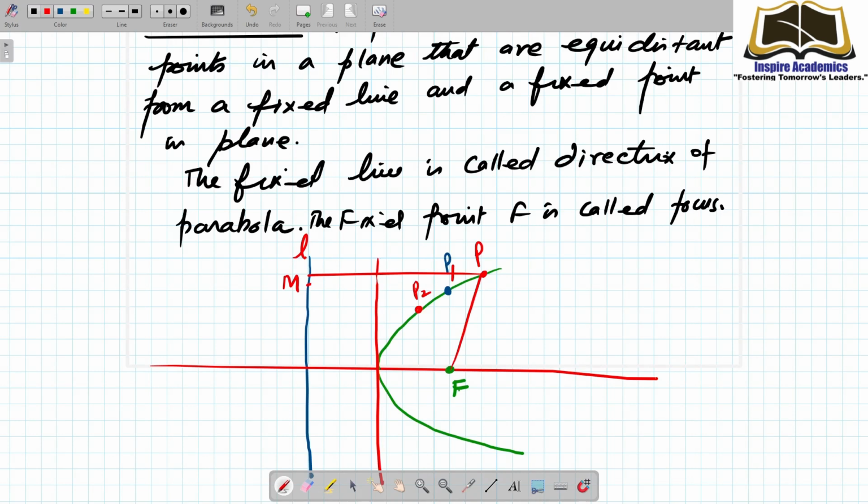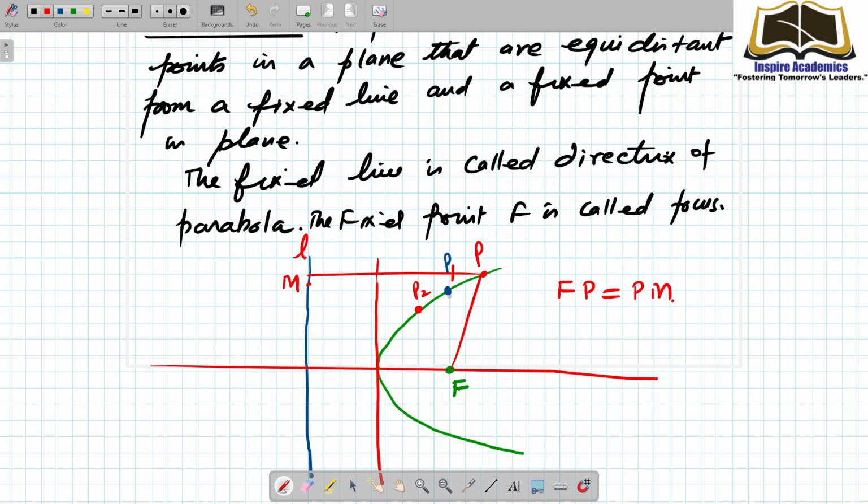So definition में क्या लिखा है? Definition says that the distance from fixed point F to the point on the curve, that is FP, should be equal to PM. Okay, so this is the definition. FP should be equal to PM.